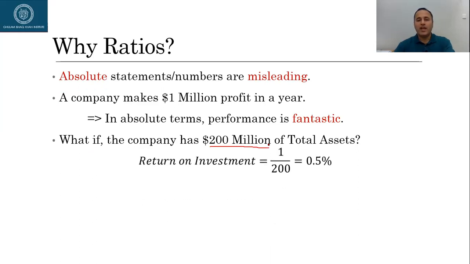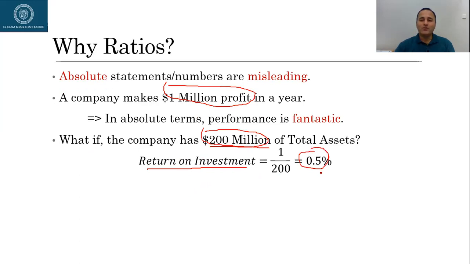If I now relate the profit of $1 million with the $200 million investment, the return on investment, which is also called return on asset, but a more used term for this ratio is actually return on investment, in this situation is only 0.5%.